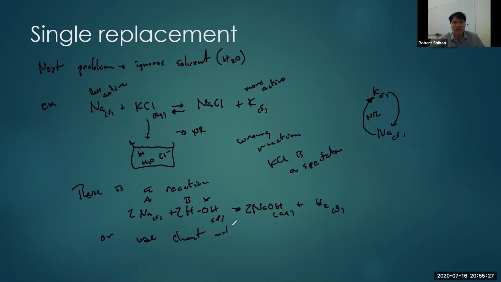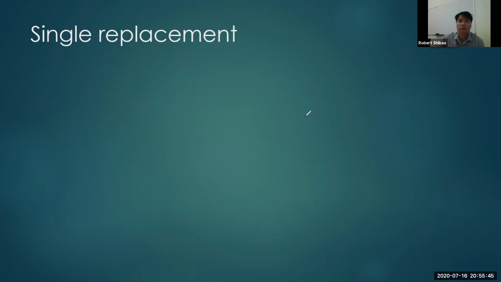And so if we stick with single replacement, we've got to memorize a lot of patterns and a lot of exceptions. So single replacement, the pros: it's easy if it works.